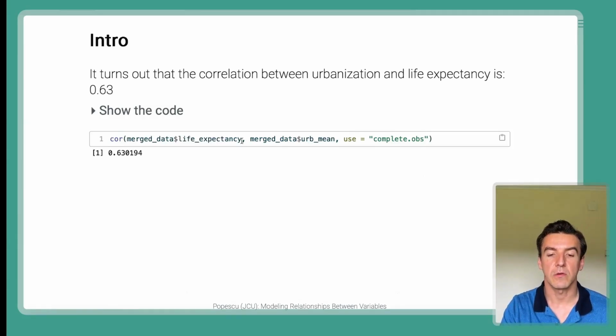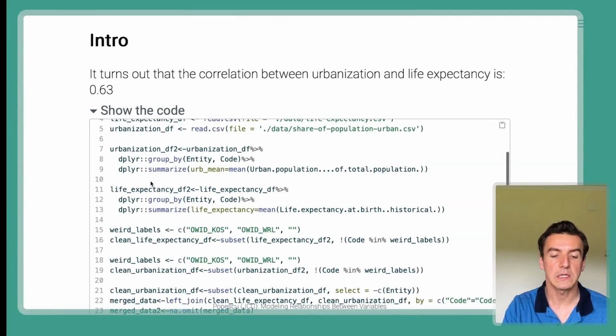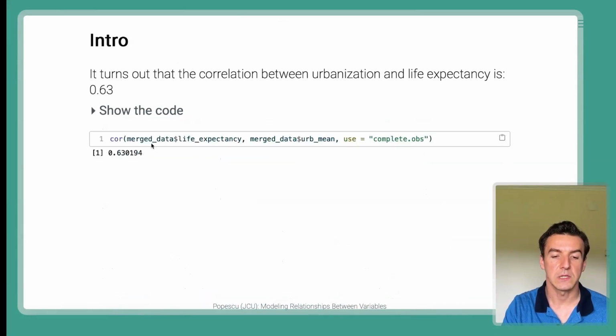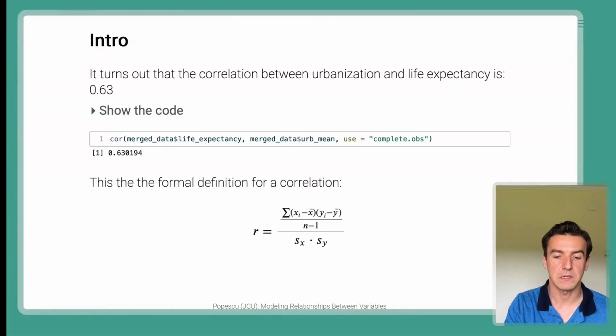So the correlation between this variable and this variable is 0.63. I included here once again just how to load the data and how to obtain the final data set, this one, merged data. So this illustrates that there is a positive connection between urbanization and life expectancy.